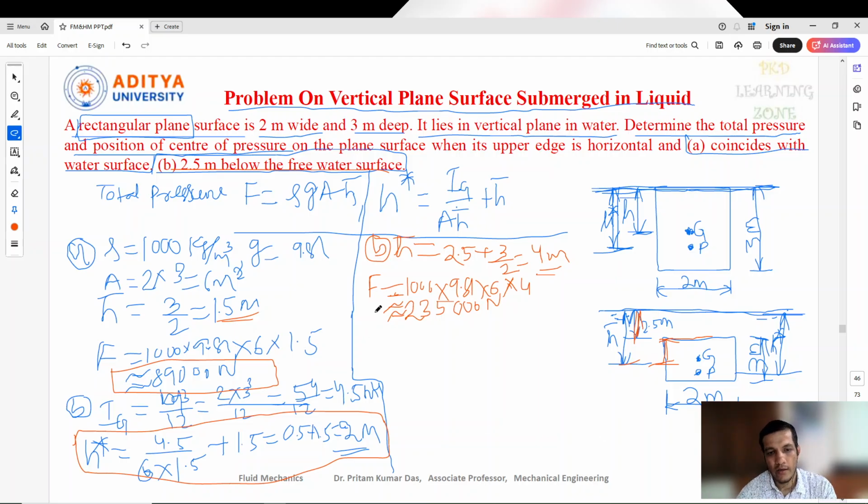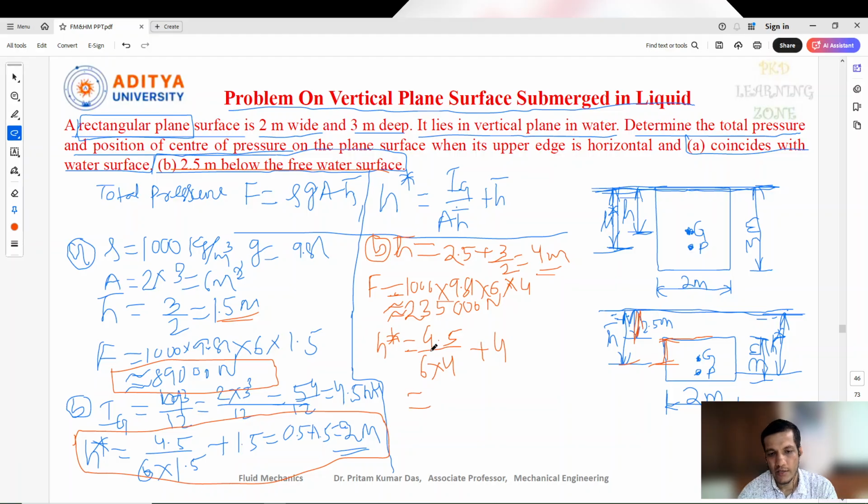So this is the total pressure, and similarly we can calculate the center of pressure. That is the other formula, H star equal to Ig by A H bar plus H bar. The Ig value we already got, 4.5, and only the difference is H bar. Area is 6 and H bar is 4, plus 4 here.